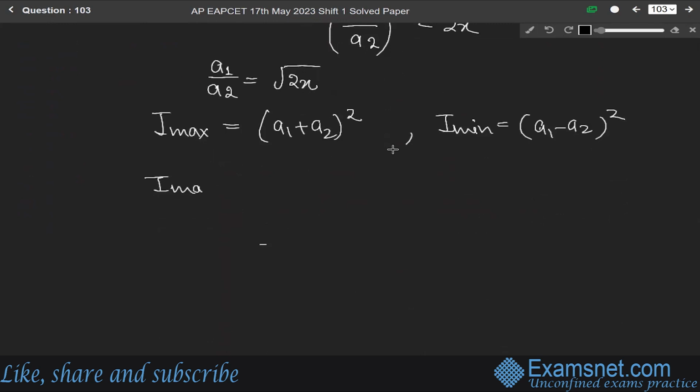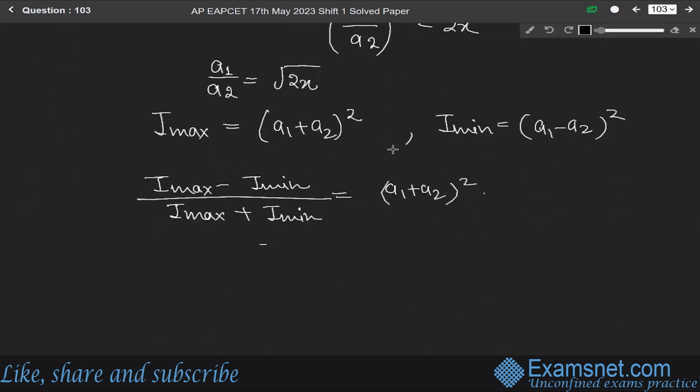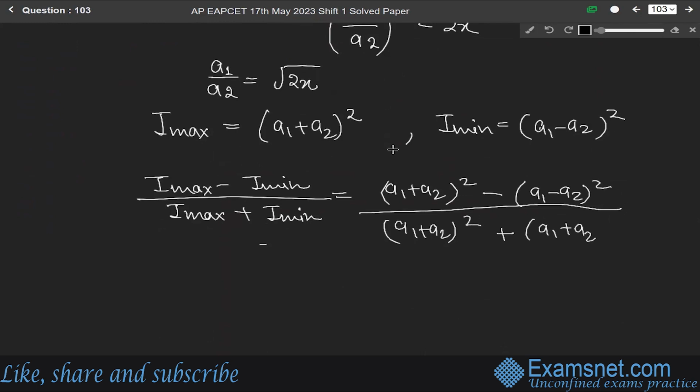So (I max minus I minimum) over (I max plus I minimum) will be equal to ((A1 plus A2) whole square minus (A1 minus A2) whole square) over ((A1 plus A2) whole square plus (A1 minus A2) whole square).